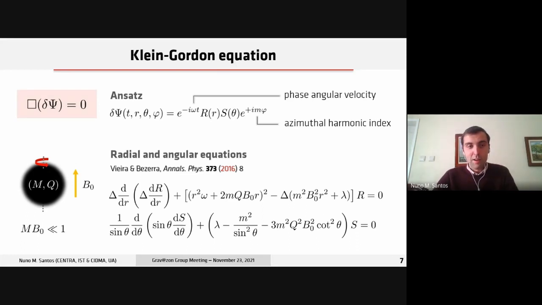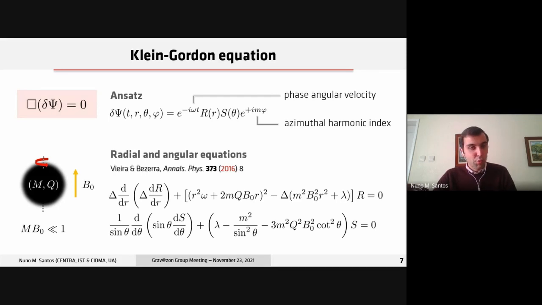R and S are the radial and angular functions, respectively, and m, again, is the azimuthal harmonic index. However, this ansatz does not separate the Klein-Gordon equation unless we neglect terms of order higher than B naught squared. But we can do that because we have assumed that this B naught is much weaker than B_c. So this is a good approximation in this framework.